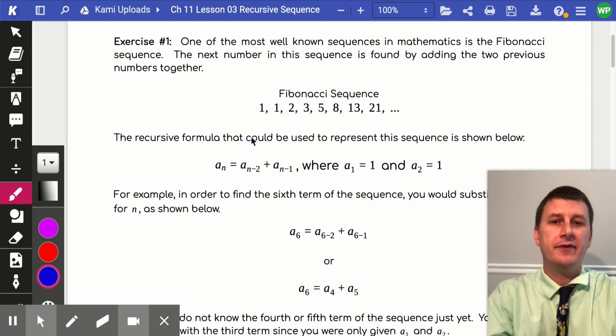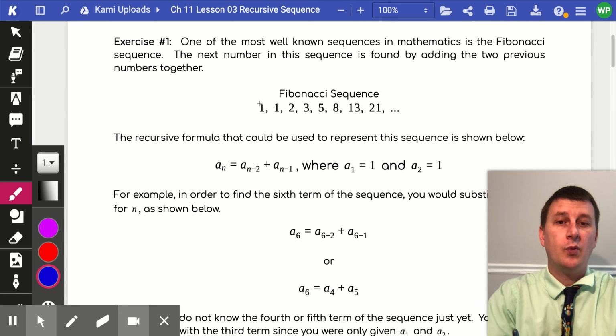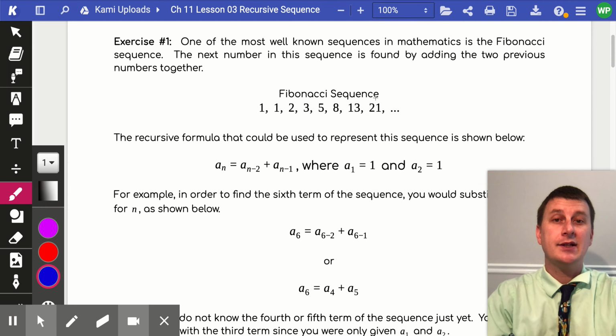So for example, the Fibonacci sequence is 1, 1, and then you add 1 plus 1 to get 2, then 1 plus 2 to get 3, 2 plus 3 to get 5, 3 plus 5 to get 8, 5 plus 8 to get 13, 8 plus 13 to get 21, and this would go on forever. Your next term would be 13 plus 21, which is 34.